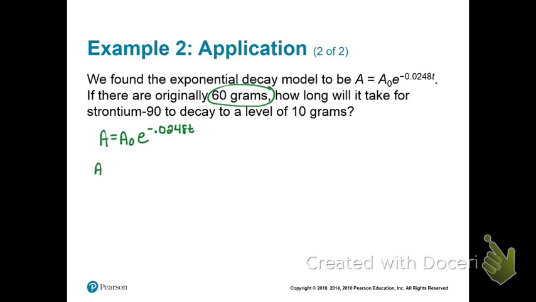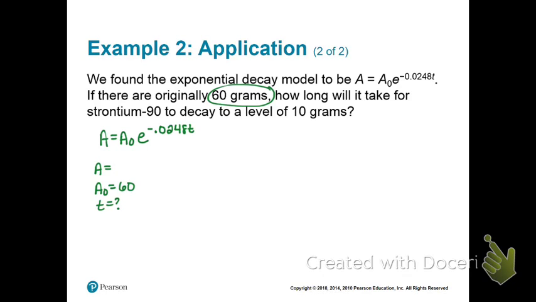So when A sub 0 is 60. Ending amount is always what we're going to equal, so it's by itself. All right, so how long? That means we're looking for what? Time. We're looking for time. Will it take for strontium-90 to decay to a level of 10 grams?